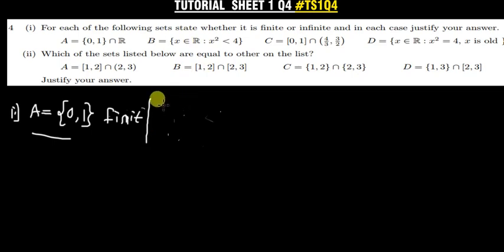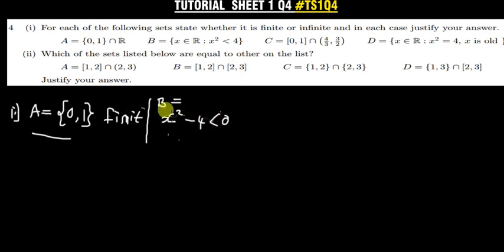So the second question says B is equal to x squared less than 4. The only way we can state whether this is a finite or infinite set is, we bring this 4 to the other side of the less than symbol, so we're going to have x squared minus 4 less than 0.